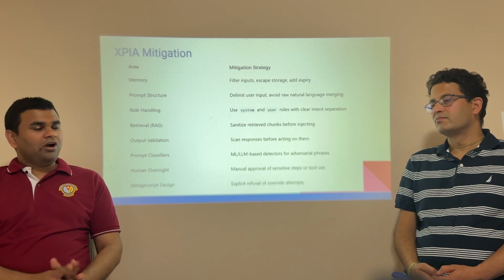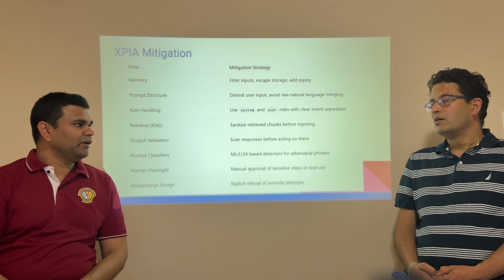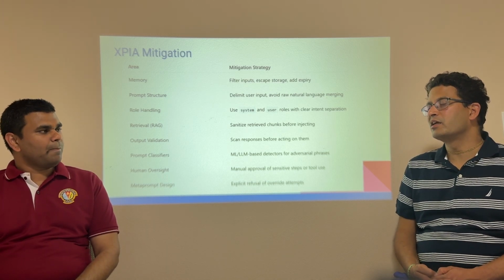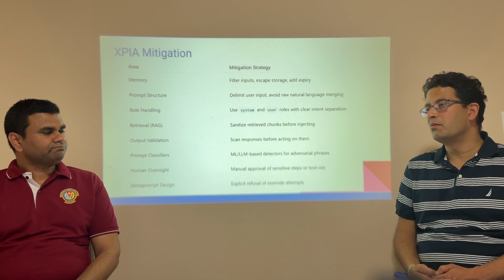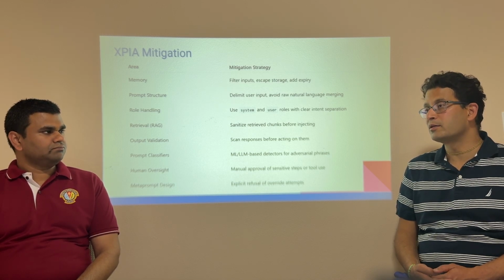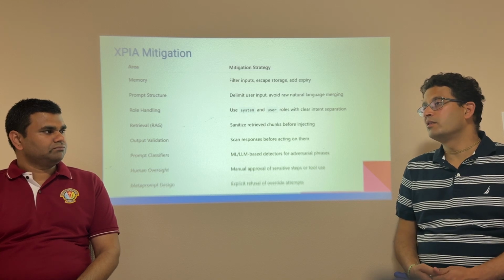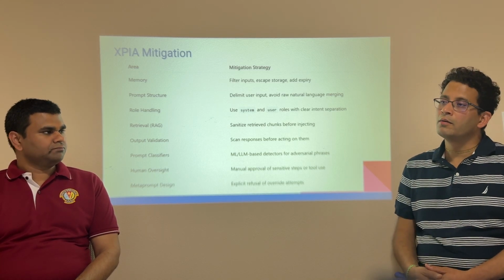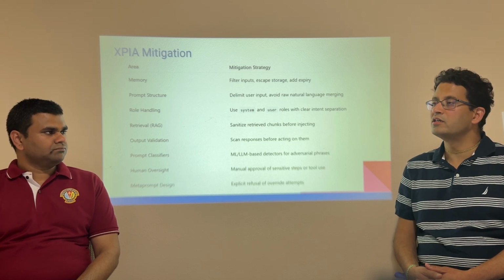So how do we really mitigate these things in terms of XPIA? There have been a lot of studies on mitigation, but none of these mitigation techniques is 100% foolproof. There is still some gap. Even the largest companies still get bug bounty incidents.